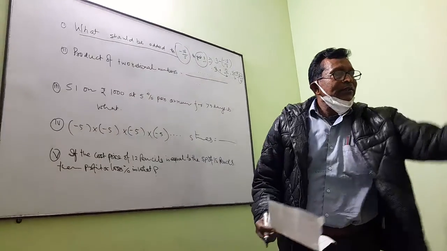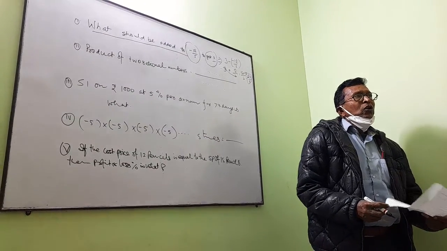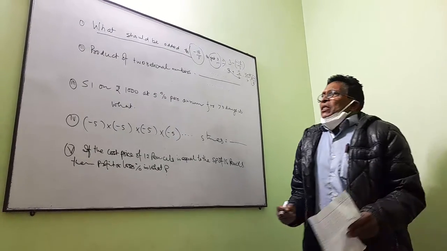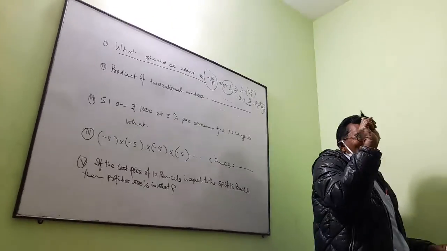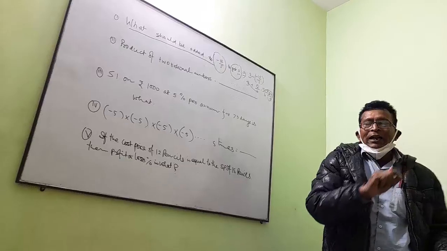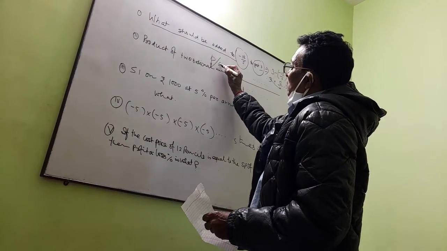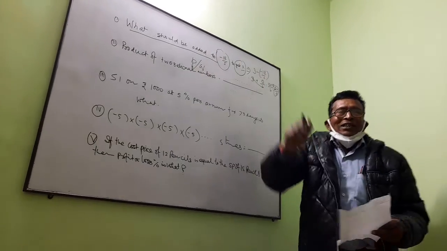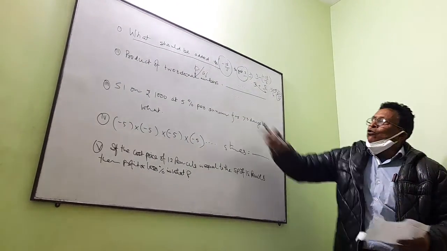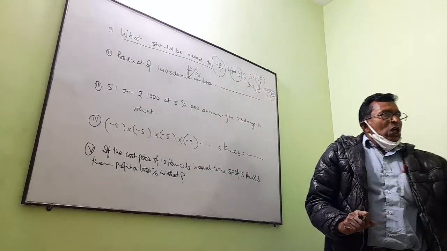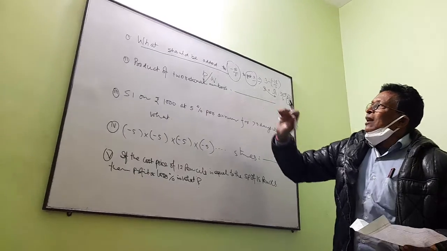Any number p by q where q is a non-zero number. Whenever you talk about a rational number, the first impression is that it is in the form of p by q. What is p called? Numerator. And q is called? Denominator.